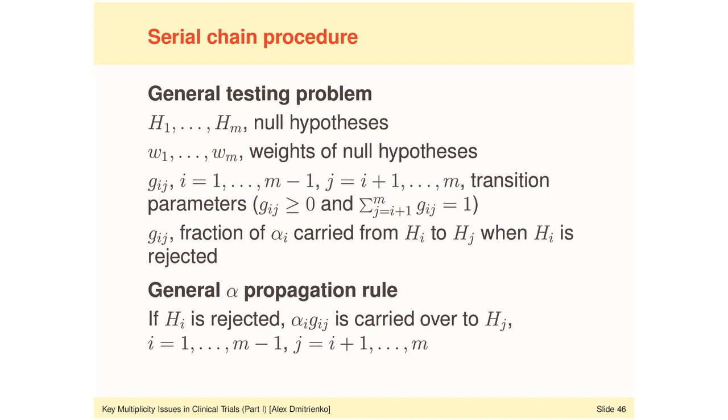The corresponding alpha propagation rule is defined at the bottom of the slide, and it states here, as you can see, that whenever the chain procedure rejects a null hypothesis, for example, when it rejects the hypothesis Hi, then the significance level used in that test is going to be distributed among the remaining null hypotheses, and this contribution to Hj is going to be proportional to the predefined transition parameter Gij.